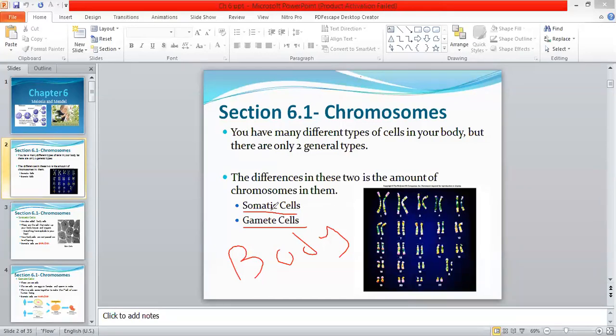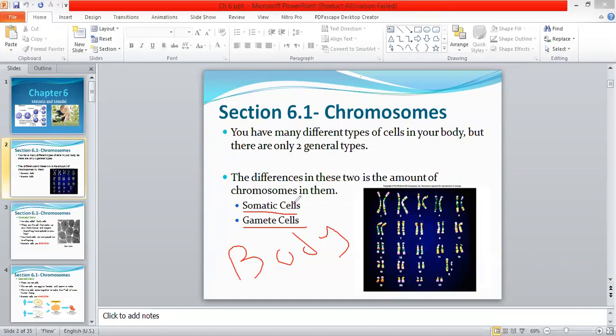Okay, so today I will make a simple revision for you on the two sections. In section 6.1, it's talking about the types of cells. We have two types, somatic or body cells and gamete cells or sex cells.